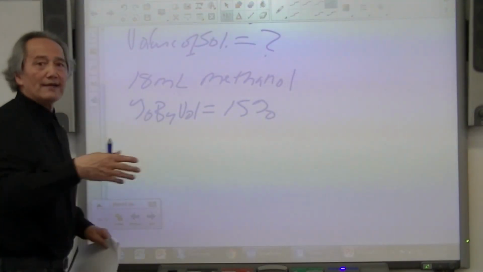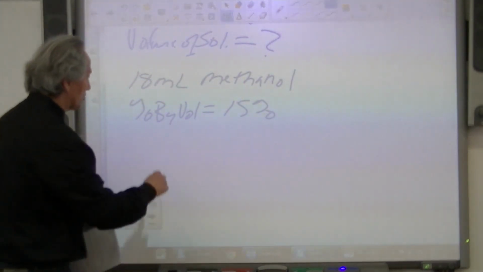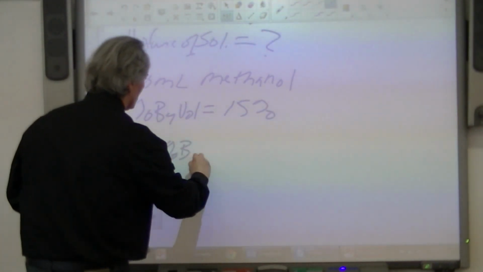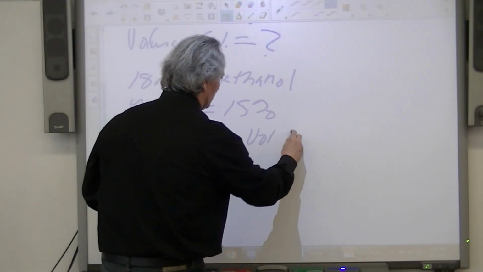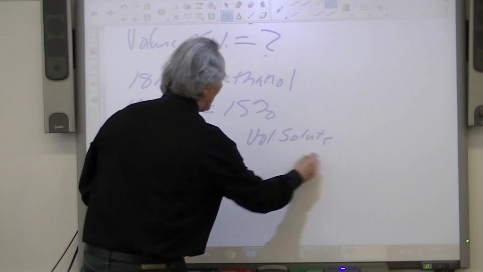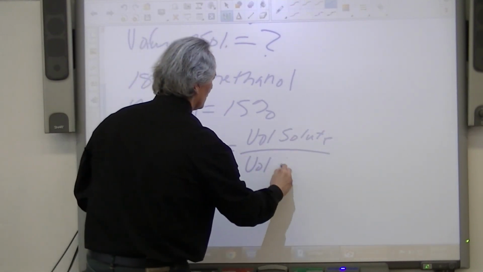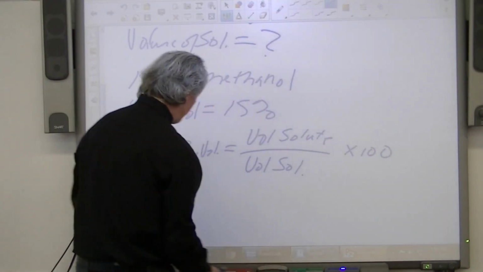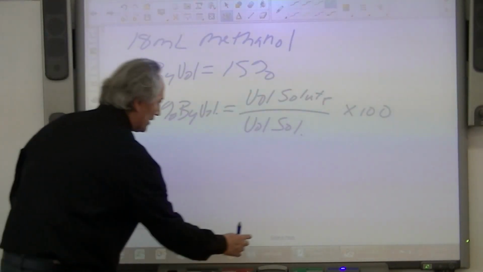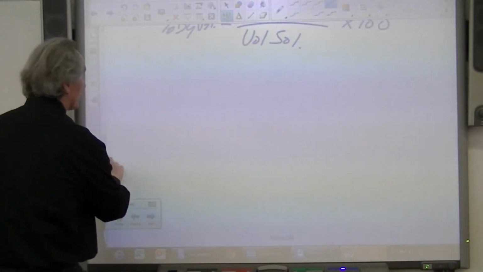All right, let's rewrite our equation in the expression of the percent by volume. Percent by volume, in fact, equals the volume of the solute divided by our volume of solution, okay, times 100. Well, let's go ahead and plug in the data that was provided for us, and we can do that. That's rather easy.